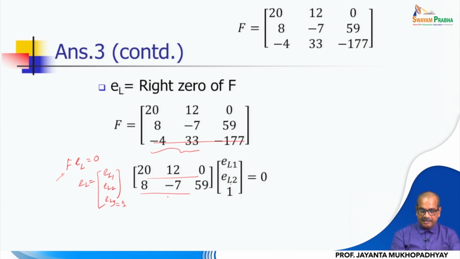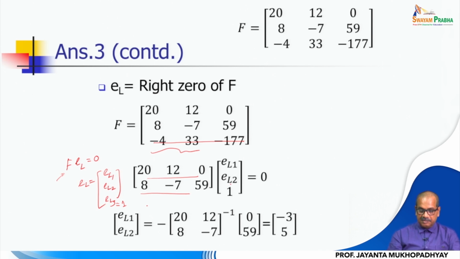I can also express this using submatrices in a compact form. This is a 2 by 2 submatrix, and this is a 2 by 1 column vector. So I can write this plus this equal to 0, which means I take it from the other side and invert, almost similar to the computations we did for computing the center of a camera, which I have shown earlier.